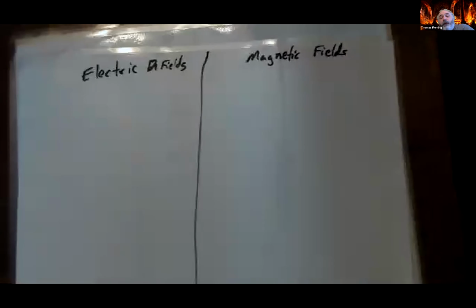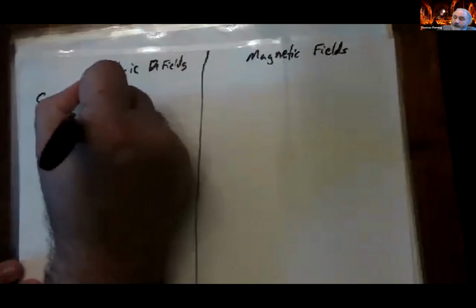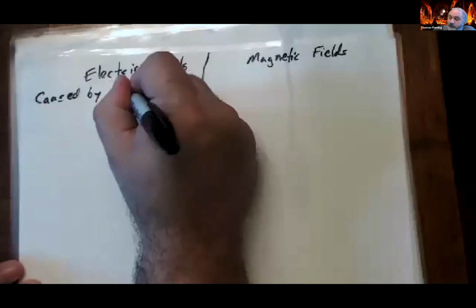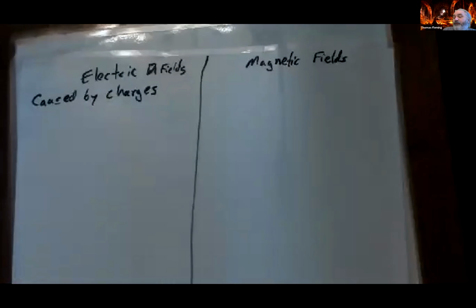So the first thing that we want to talk about is when we learned about electric fields, we learned that electric fields were caused by charges. Now, it's caused by those charges simply by virtue of the fact that those charges exist.